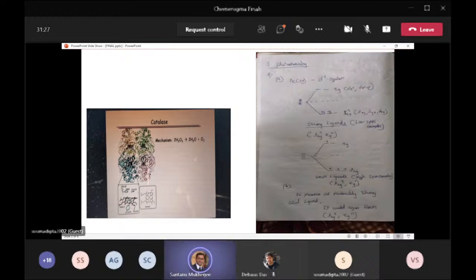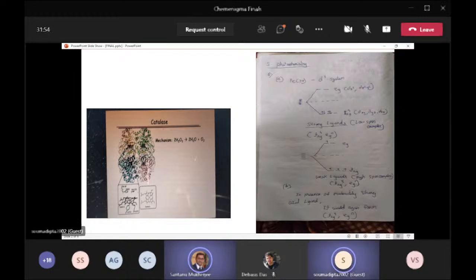What do you understand by strong ligand? By strong ligand, we mean that the splitting between the t2g and the eg is very high. The electrons will prefer pairing up. That will be reflected in the 10Dq or delta zero. But do you know why the value of 10Dq increases?